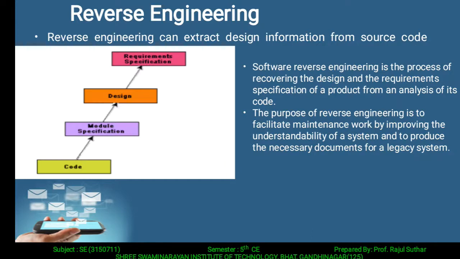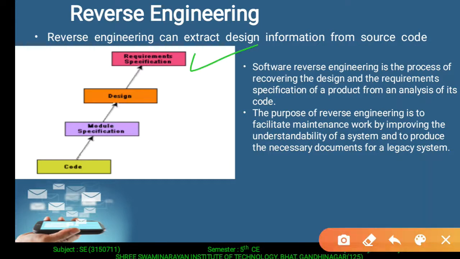Whenever you apply reverse engineering, you can extract the design information from the source code. In the simple software development life cycle, we start with the requirement gathering, but here we start with the implementation. Implementation is nothing but the code.